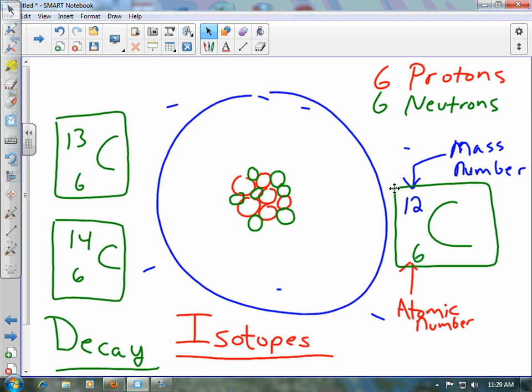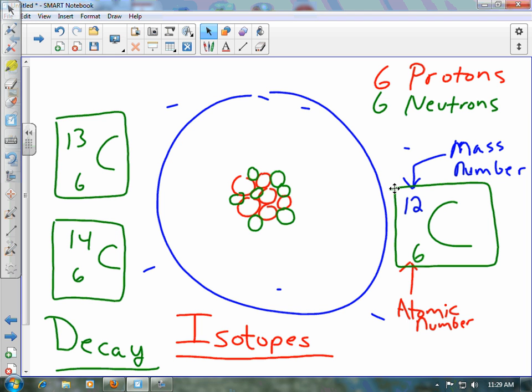Now here's the thing. Nature will make carbon-14, and it does this at a consistent rate. And so some of the carbon in your body and around you is carbon-14. But over time, that carbon-14 will decay down.